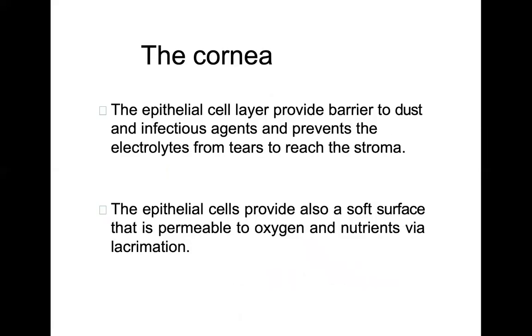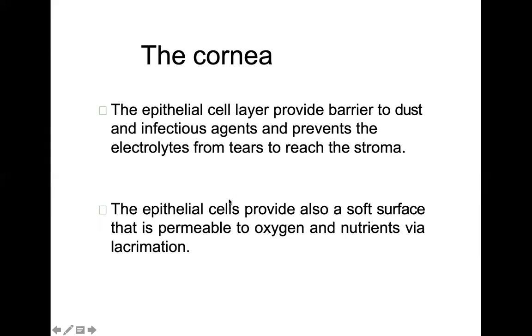Now next to your epithelium is your Descemet's membrane. Okay, however, the epithelial cell layer of your cornea, the outermost layer, usually provides a barrier: a barrier to foreign bodies, a barrier to infectious agents, and this also prevents the electrolytes from the tears from reaching into the stroma.